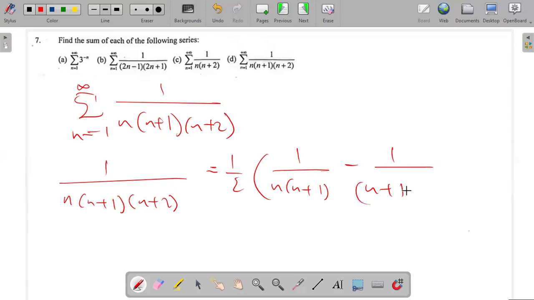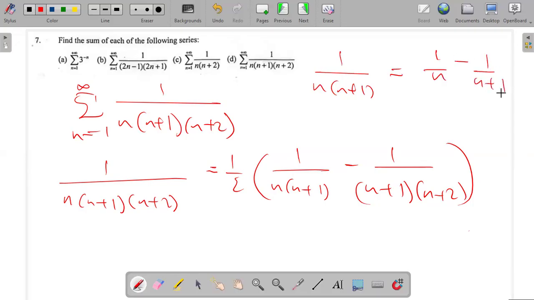You can verify this by combining the right-hand side to a common denominator. We also know from what we did in the last question that 1 over n times n plus 1 is just 1 over n minus 1 over n plus 1.